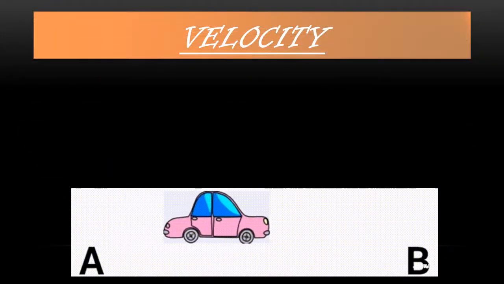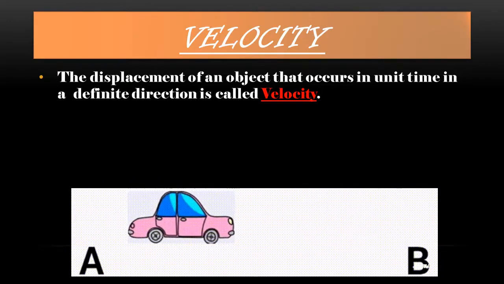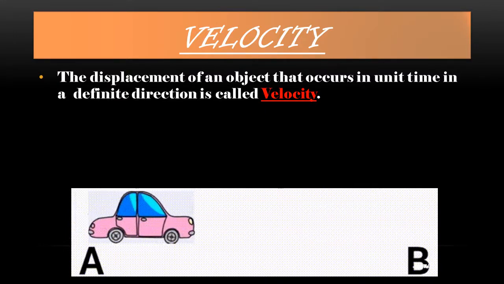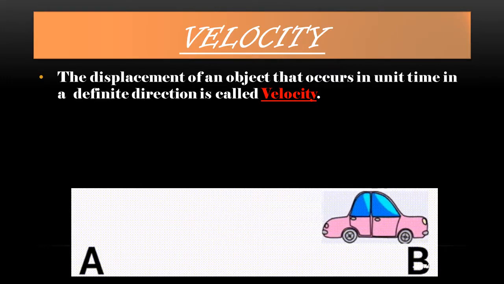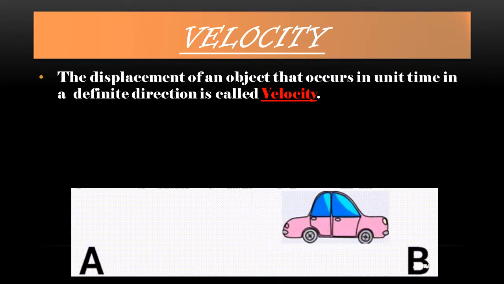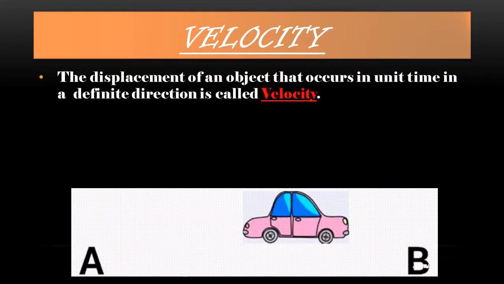Now next we should learn about velocity. Let's see what is velocity. The displacement of an object that occurs in unit time in a definite direction is called velocity. Now first of all, what is displacement? It is the shortest or minimum distance covered by an object.